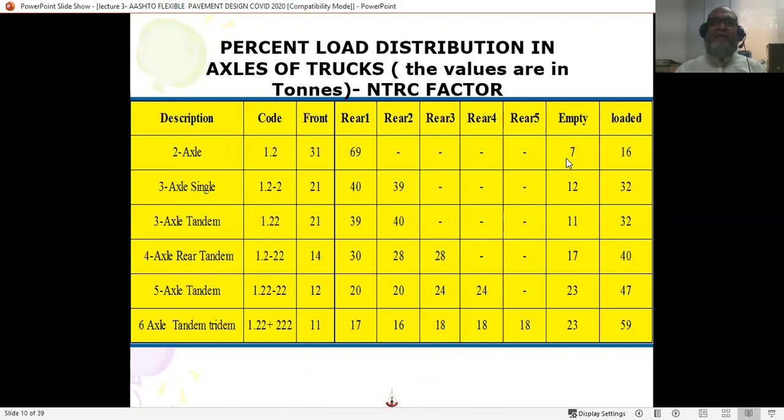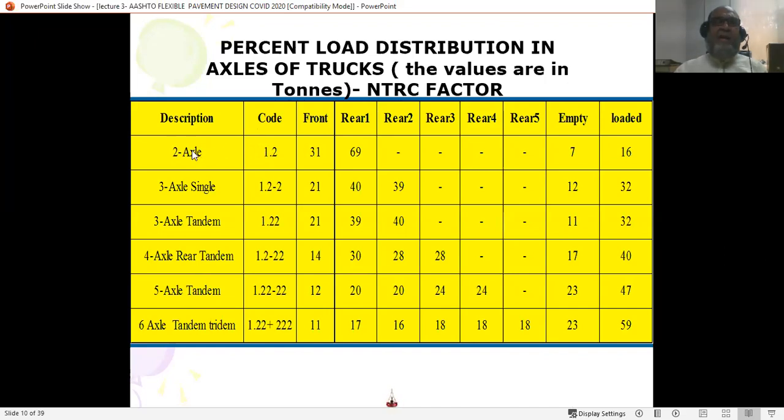If the vehicle is empty, the load is 7 tons, and if the vehicle is full, the average load is 16 tons. This is estimated by a study conducted on the roads of Pakistan by the National Transport Research Center, and these are the factors we use while calculating the load on each axle.